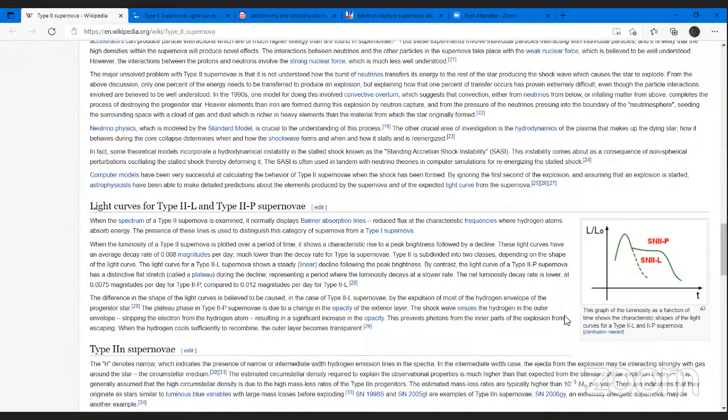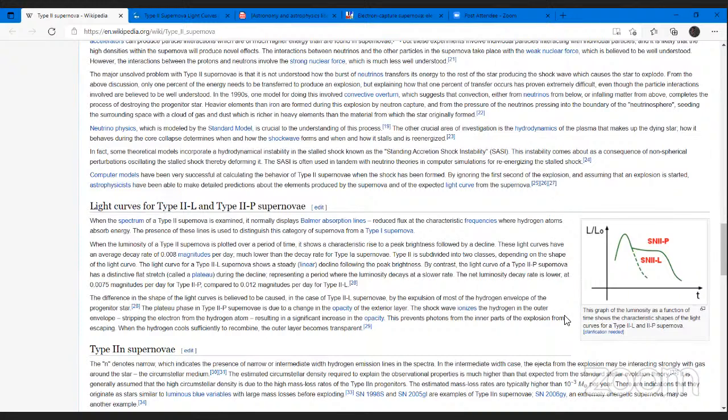The difference in the shape of the light curves is believed to be caused, in the case of type 2L supernovae, by expulsion of most of the hydrogen envelope of the progenitor star. Progenitor star means the star that underwent the supernova. But in type 2P supernovae, the shape differs because it doesn't involve expulsion of most of the hydrogen envelope.